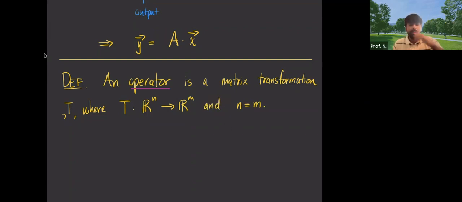So transformations or matrix transformations that map something in Rn to another thing in Rn, in other words, T goes from Rn to Rn. So for all matrix transformations that fall under this special case where n equals m, it's called an operator. It's still called a matrix transformation, but it's a specific kind. So we also talk about operators specifically.